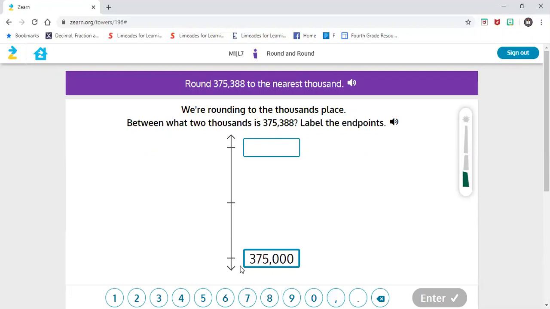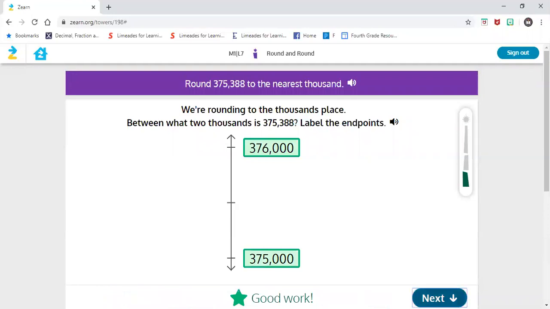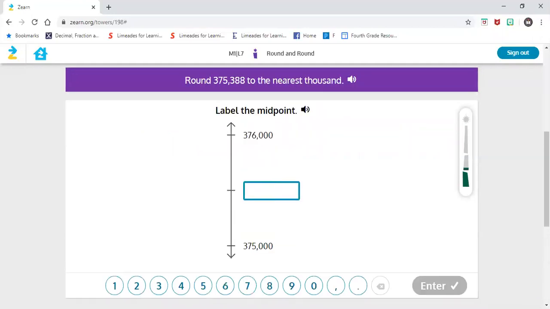And then if I added 1,000, because remember, this can only go up by 1. If I added 1,000 to 375,000, what would I get? Yes, 376,000. Good job. Now we have to find our, yes, midpoint.